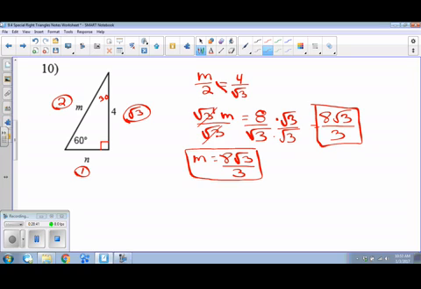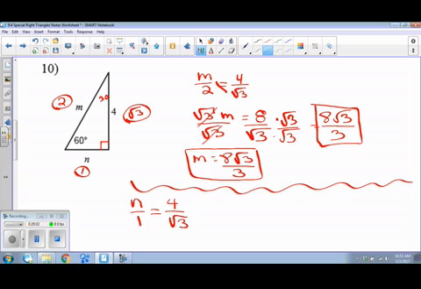Now, solving for n. Let's solve for n. N over what? 1. N over 1 equals 4 over square root of 3. So aren't we going to end up having to do the same thing again?